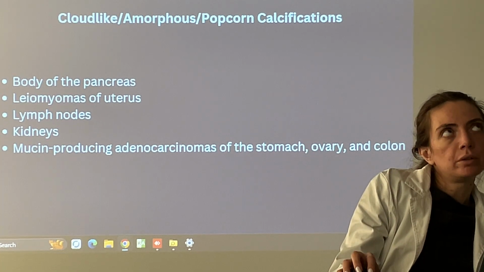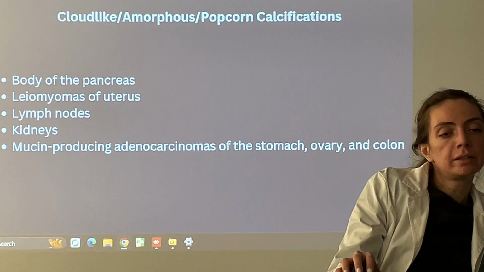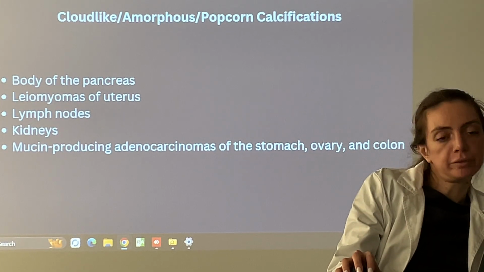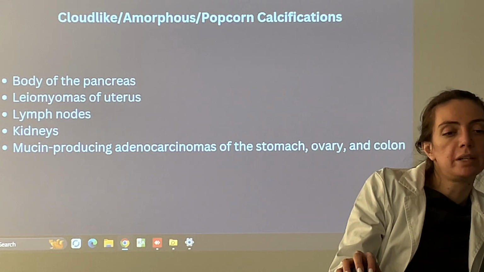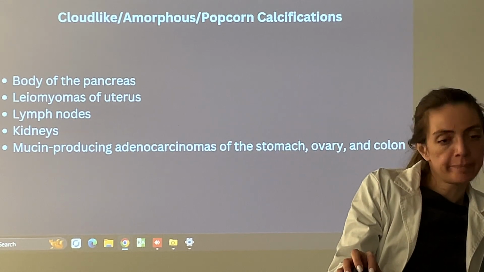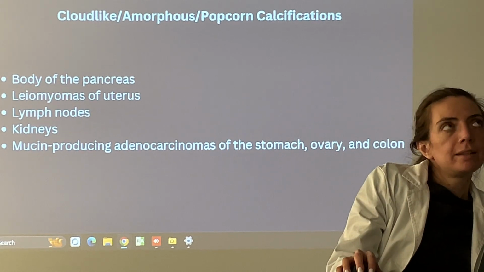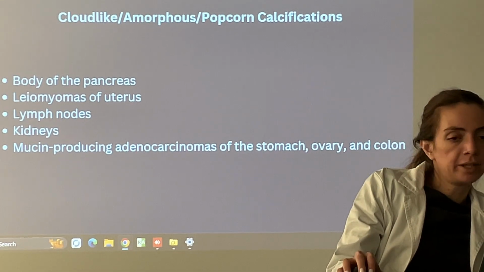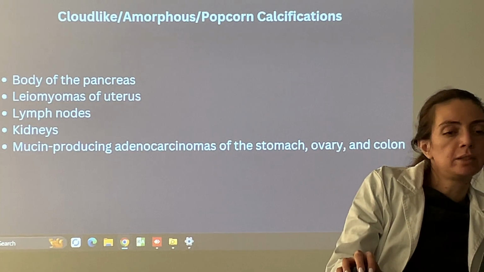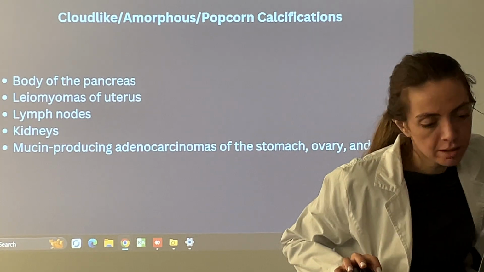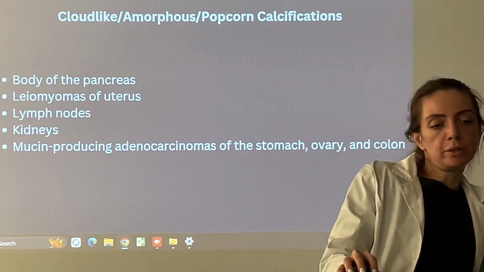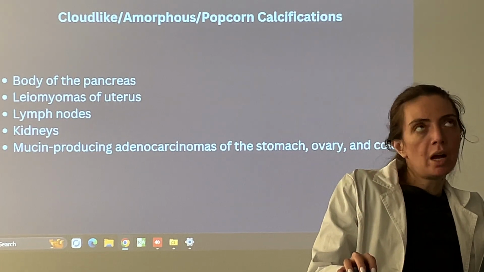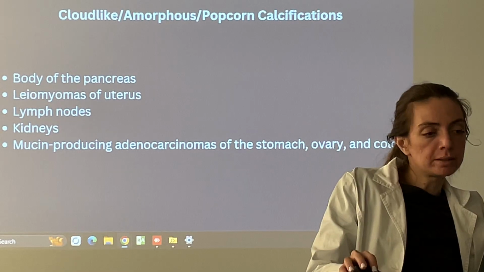Lymph nodes may also be calcified anywhere in the body, mostly the result of prior granulomatous infections such as old tuberculosis. In the kidneys, medullary nephrocalcinosis is macroscopic calcification deposited in the pyramids of the renal medulla, usually secondary to metabolic derangements such as hyperparathyroidism.